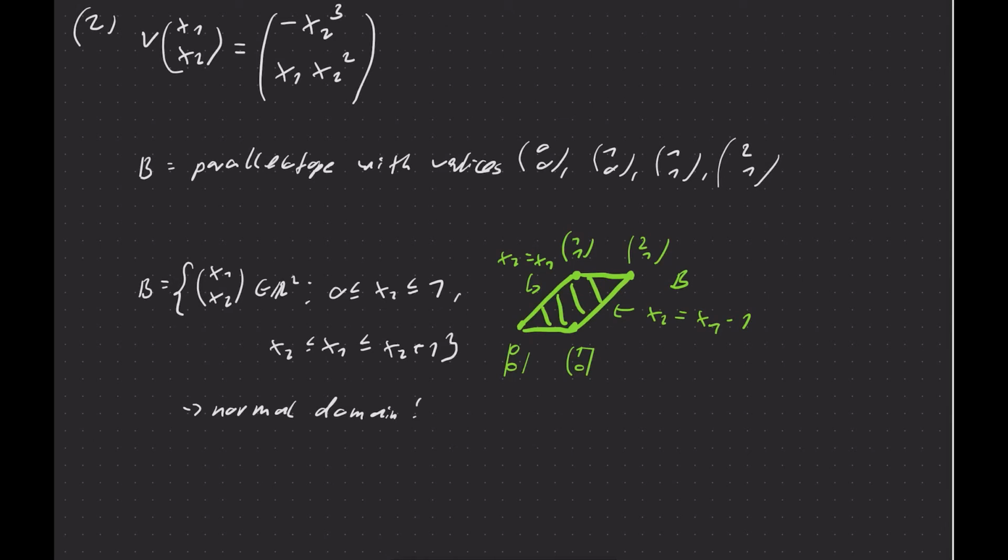And integration over a normal domain is something that we know how to do. So if you want to compute the line integral over our vector field along the boundary of B, then we can do that by evaluating a more or less simple volume integral.